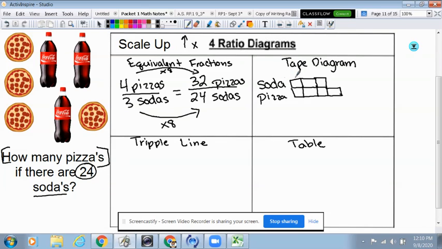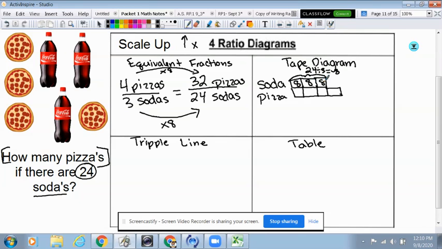And then where I put my other number that I have is this 24 soda. So I'm going to go to my soda area, and I see these 3 boxes have to equal 24 because it's saying we have 24 sodas, and I know that this is my soda. So this is where I say 3 times what gives me 24, or I can divide 24 divided by 3, which gives me 8. Now I know that each box is worth 8.